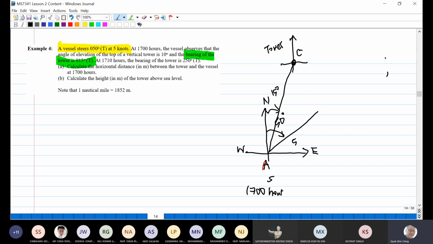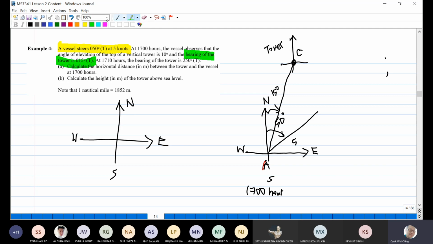Now, after 10 minutes, the bearing of the tower is 250. Where is 250? Let's draw it first: north, east, south, west. This is the third statement.